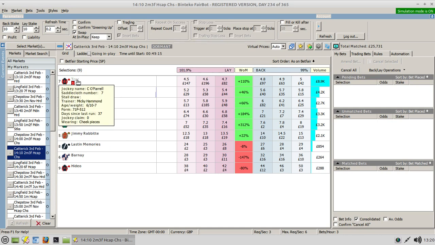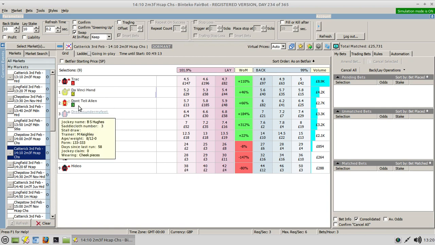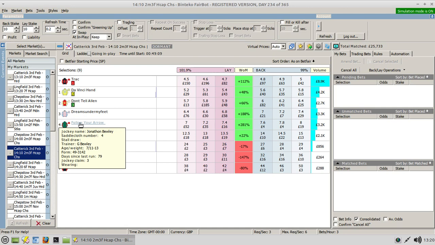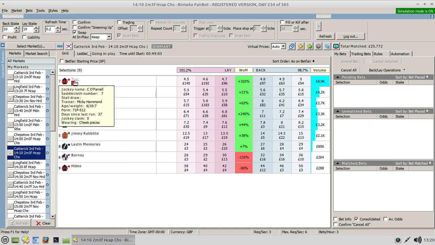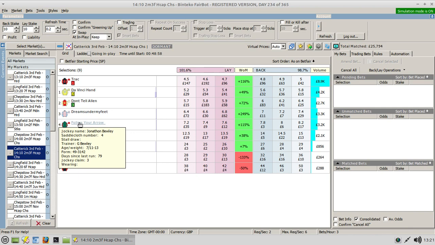Track at 5-1, so that's 8. Right, my personal preference would be Dreams Under My Feet and Track, with a potential skewed Dutch to take into account Follow Your Arrow.